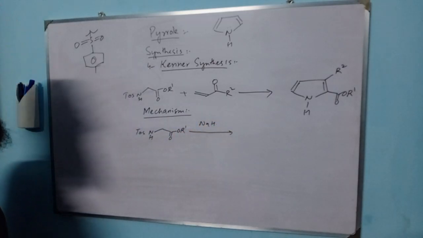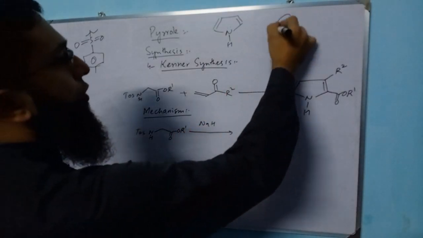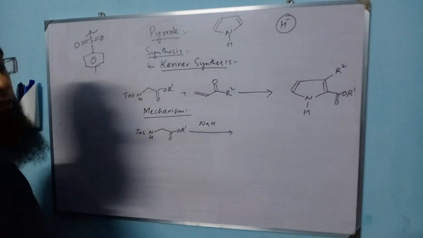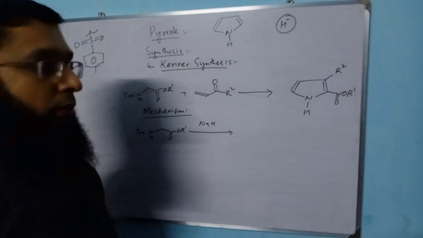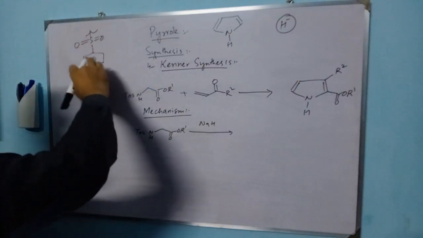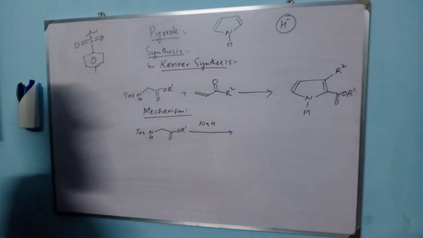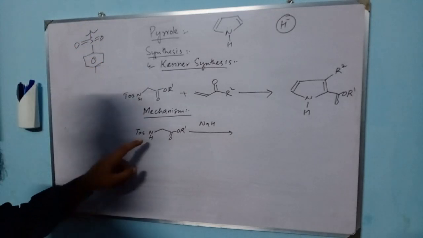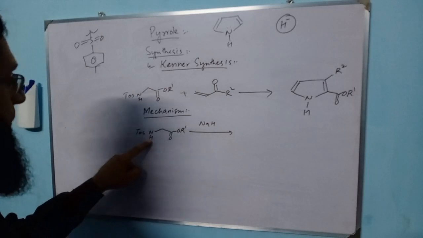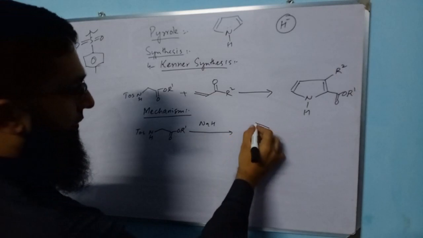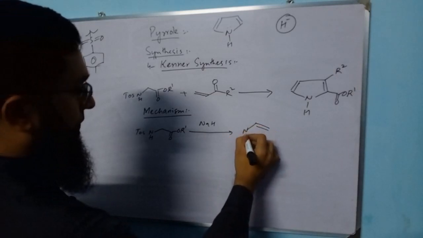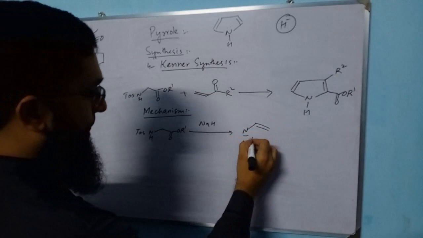Now, reason to choose hydride base is because it is very strong base, and also it has very small size, and due to its small size it can avoid steric problems, because there is a bulky group, para-toluene sulfonyl group, and in case of other bases, it would be difficult to deprotonate from here. As a result, we use sodium hydride, and this can be formed.